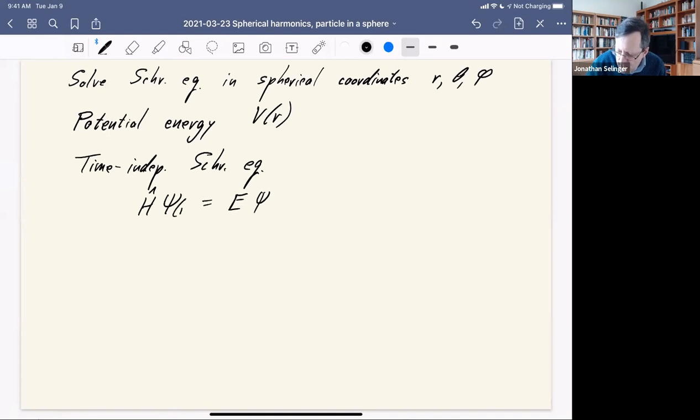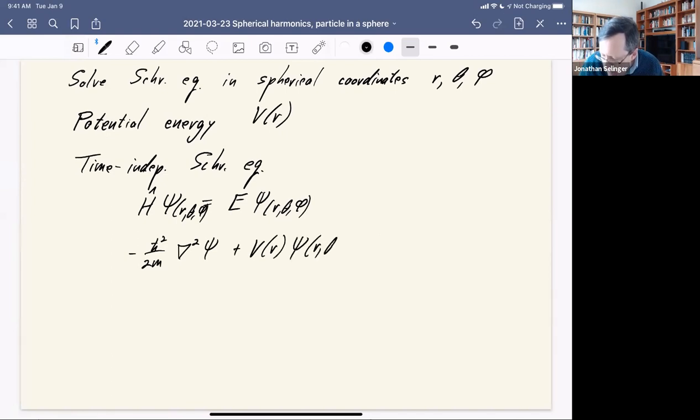And it's a psi of r, theta, phi. And the Hamiltonian is minus h bar squared over 2m times the Laplacian of psi plus V of r times psi. All right, so that's equal to E times psi of r, theta, and phi.